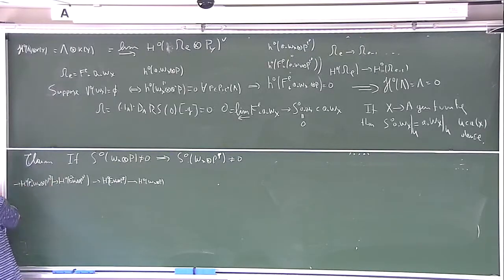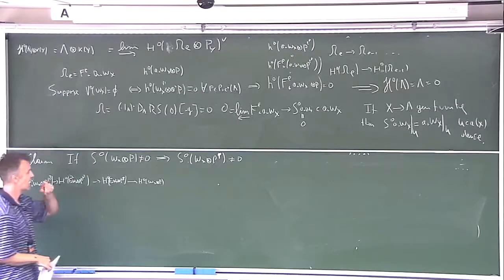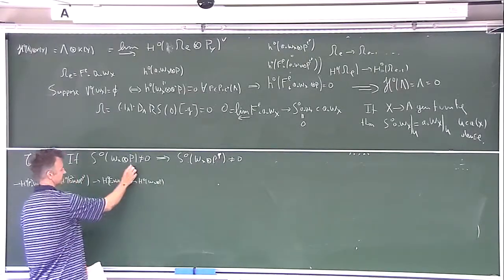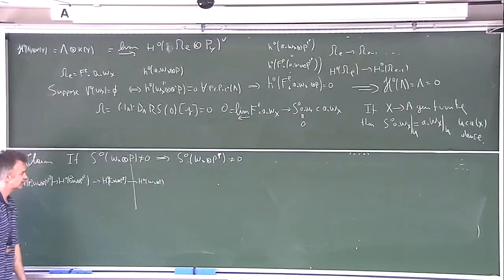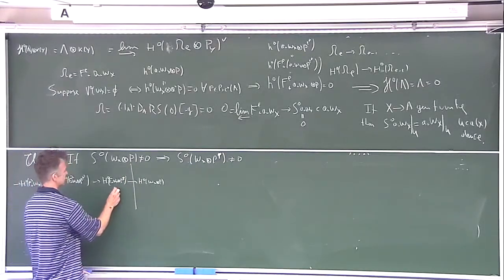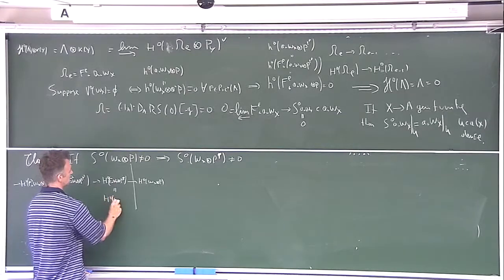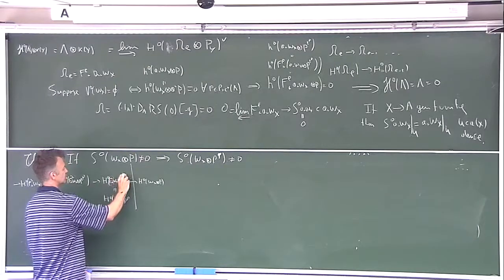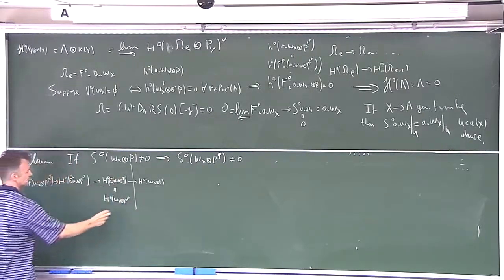Thankfully, I ran out of blackboard, but you can continue. And you're looking at the stable image of all of these. Now, forget about the last step. Notice that this is isomorphic to H0 of omega_X tensor P to the P. This pushforward is around here, I already applied the projection.